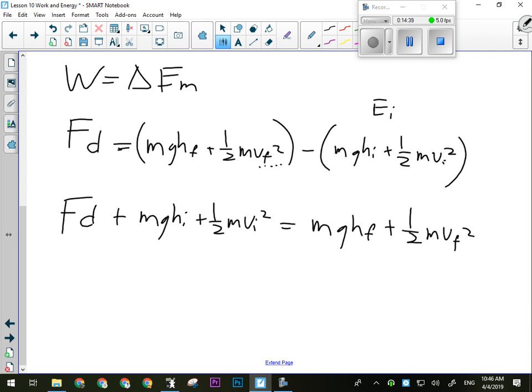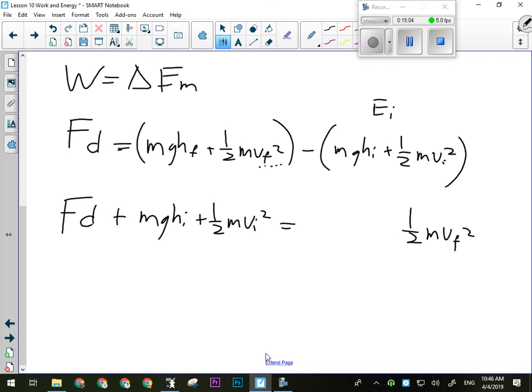This question is talking about the bottom of the ramp. What do I not have at the bottom of the ramp? I don't have any potential energy, which means I don't need this at all because it's 0. There's no potential energy at the bottom of the ramp, so all the energy at the bottom is kinetic. So I don't need that plus sign anymore either.